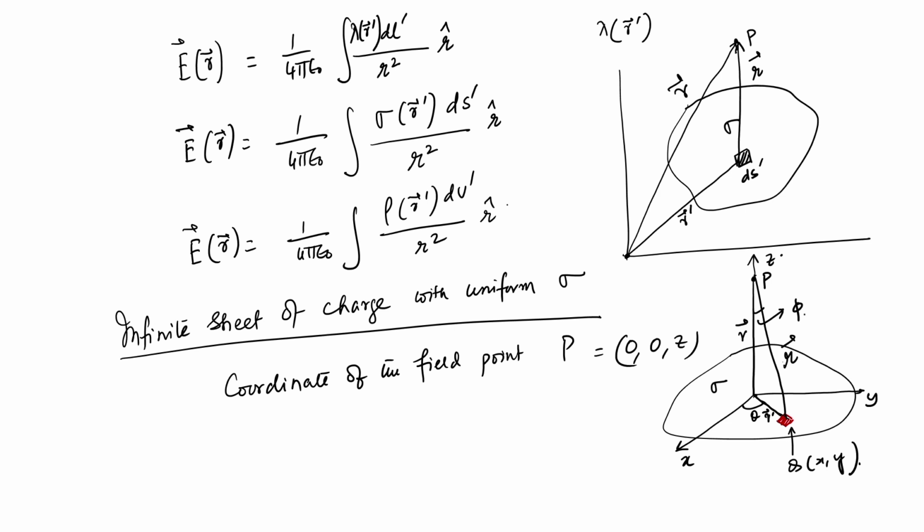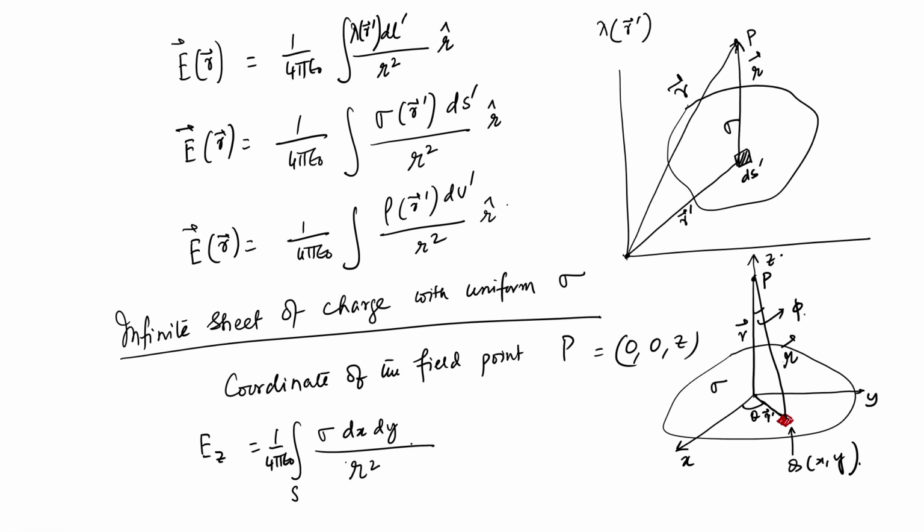Okay. So, E would be purely along the z axis, and this would be equal to the integral over the entire surface S of sigma dx dy and a 4 pi epsilon 0, which can stay outside if you wish, and there is an r square.